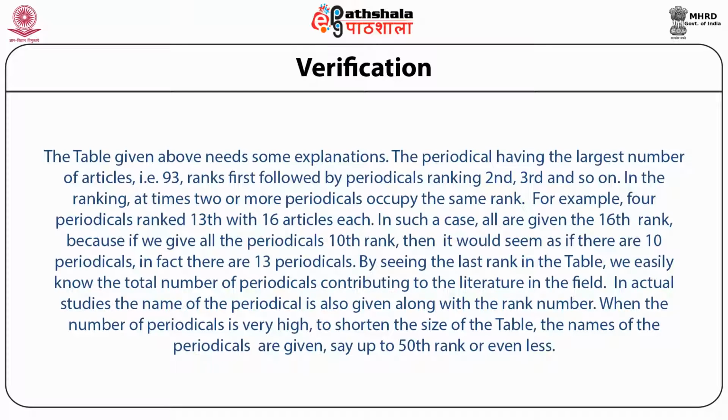And you find that in each case there is only 1 periodical, and the number of articles is 17 in the 9th rank, but in the rest of the cases it is 16, and the cumulative total of articles is 429, 445, 461, 477 and 493. Now we have already talked about the 10th rank and 445, that is the cumulative total. In this table you can see that.